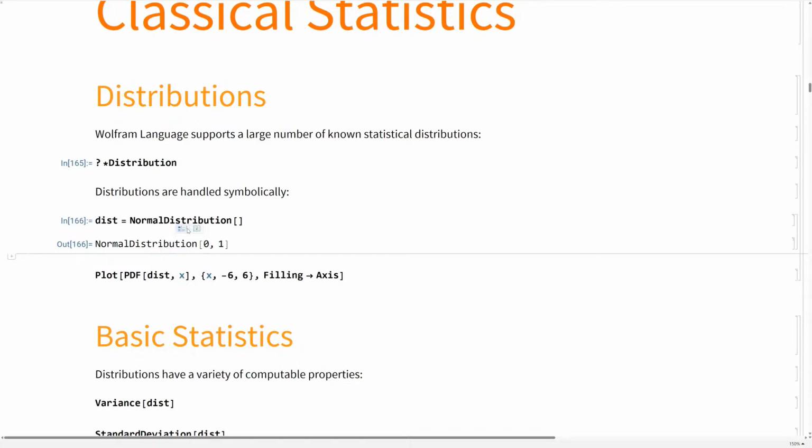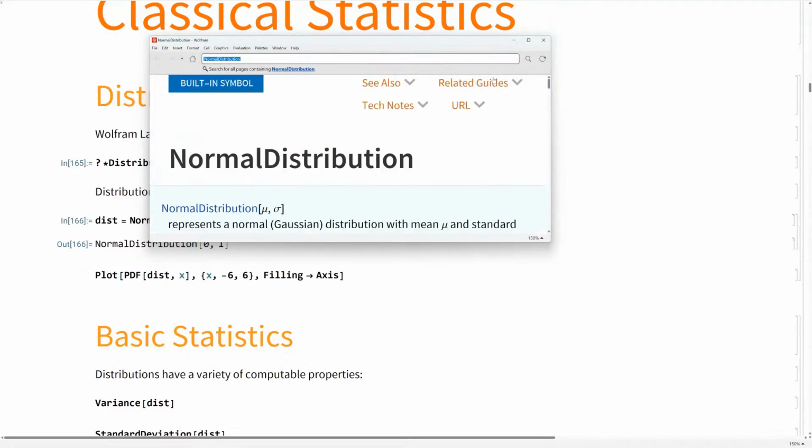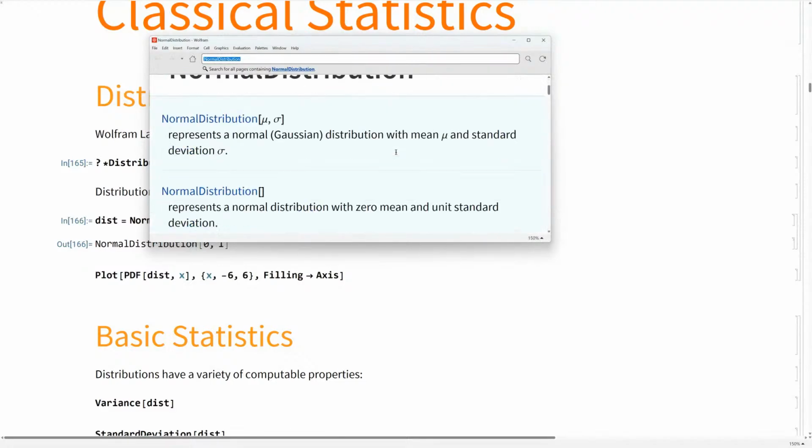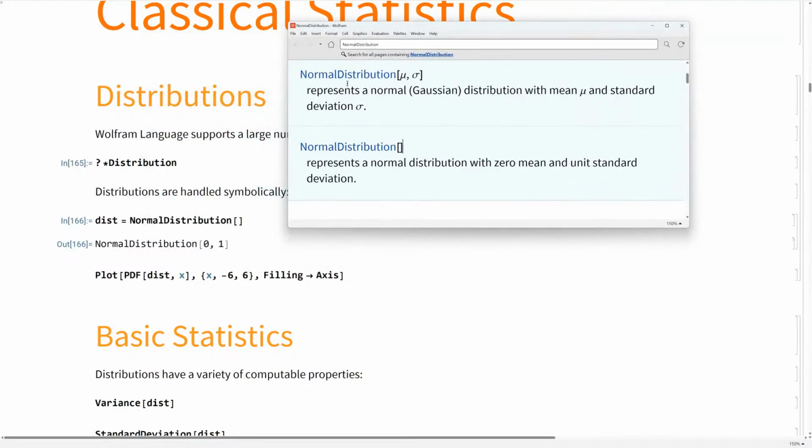Let me open the documentation page here. For NormalDistribution, you can see in this form it represents a normal distribution with zero mean and unit standard deviation, which if written in this way would be NormalDistribution[0, 1].